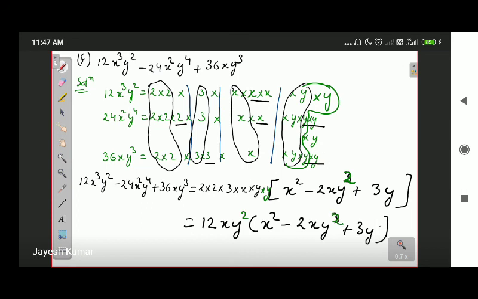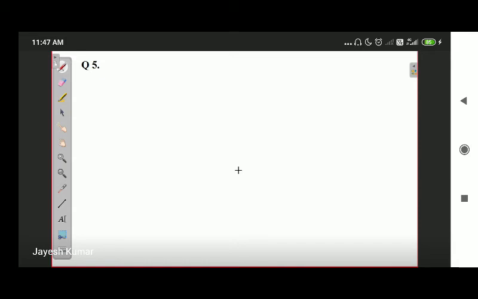This is y square. This is also y square. And outside we have y square, 12x y square, x square minus 2x y square plus 3. Okay. So let us do one question out of question number 5, and we will discuss it tomorrow in more details.